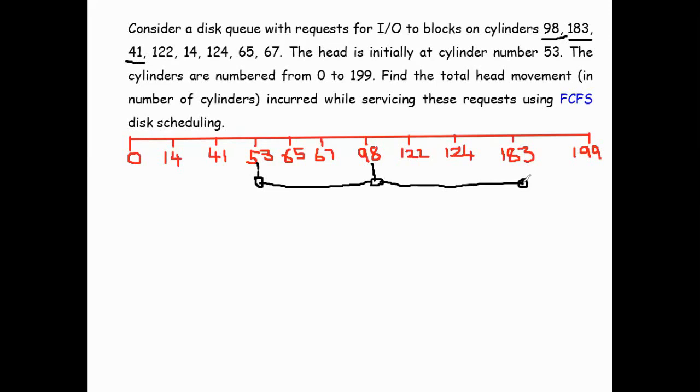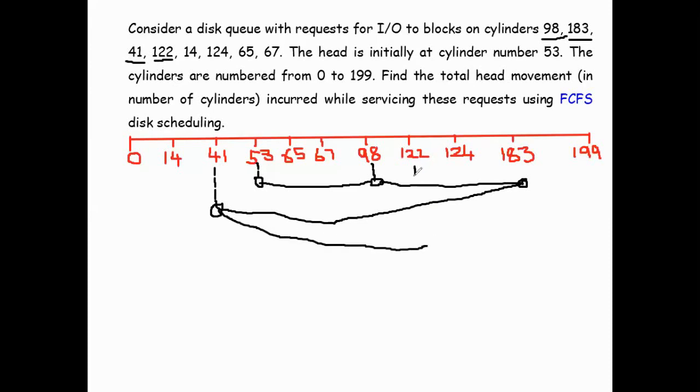The next request is for cylinder number 41. Now the direction is reversed and the head will move from 183 to 41. The next request that must be served is for cylinder number 122. Now the direction is reversed and from 41 the head moves to 122. The request has arrived for 14, so the head moves to cylinder number 14.